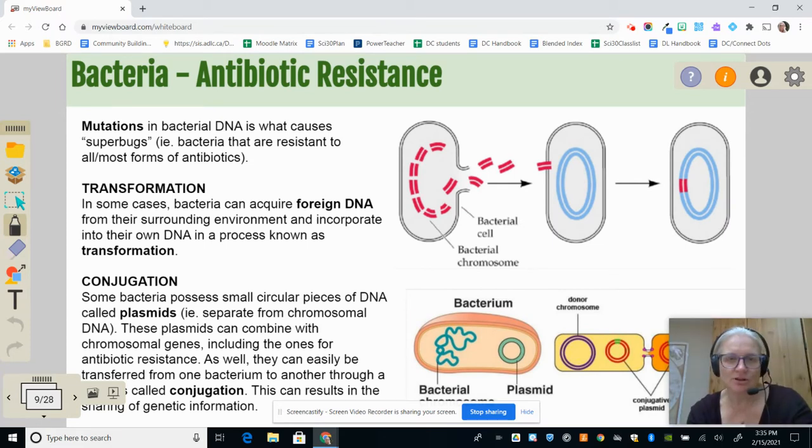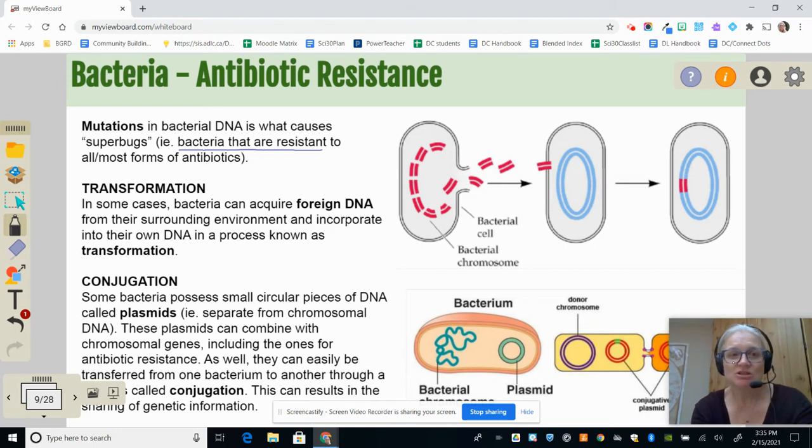All right, so next we're going to look at bacteria and antibiotic resistance, and these mutations in bacterial cells can actually cause bacteria to become resistant. And this ability to resist antibiotics is passed on to other bacteria through these two ways below.